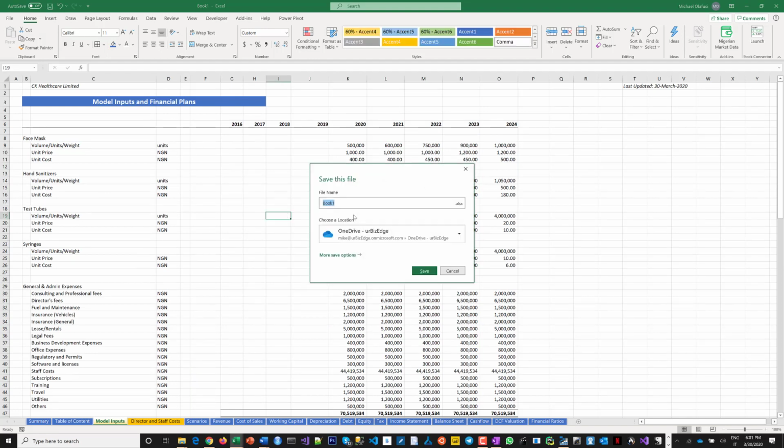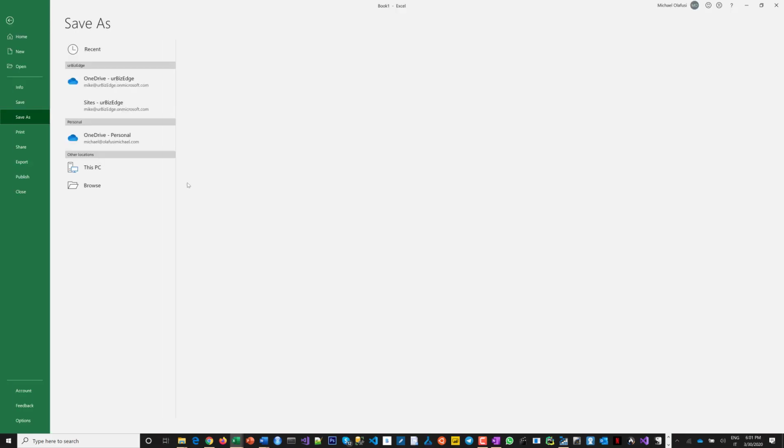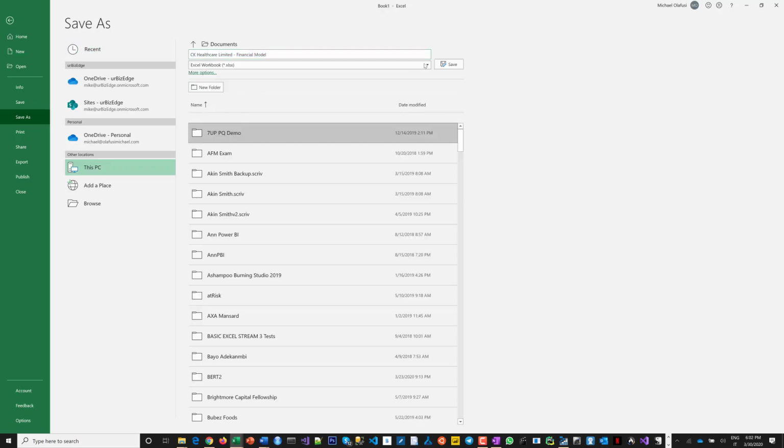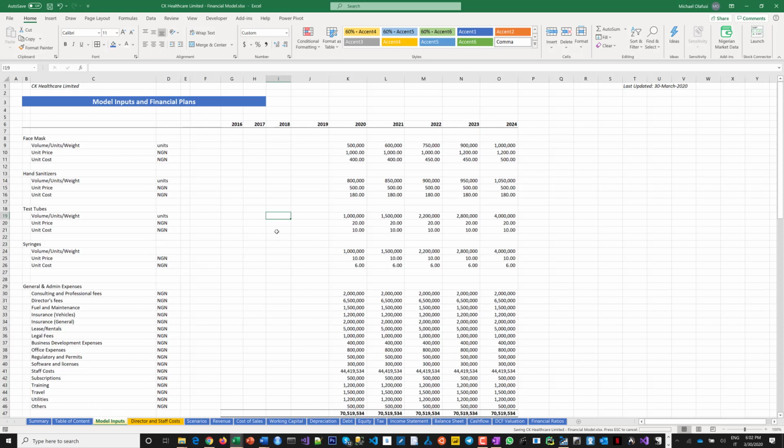So CK Healthcare Limited Financial Model. Okay. I'll save it somewhere different from OneDrive, because I have problems with OneDrive. I don't trust it. And that brings us to the end of this.